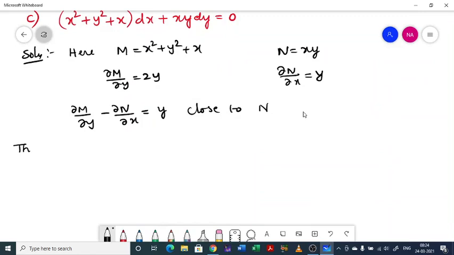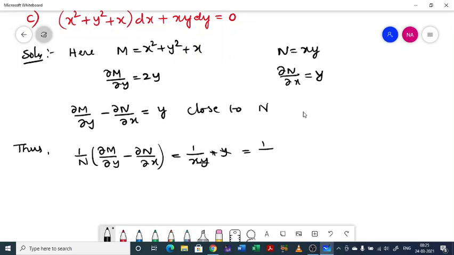Thus 1/N into (∂M/∂y minus ∂N/∂x) equal to 1 by N, that is xy, so 1/(xy) into y, so y gets cancelled, so you will be getting 1 by x, that you can call as f of x.